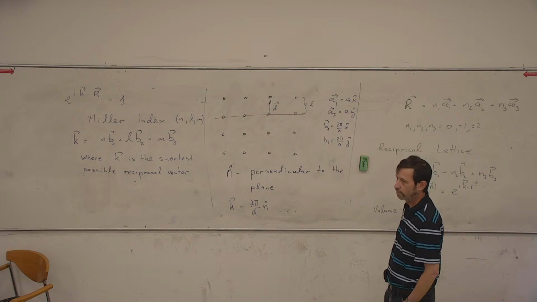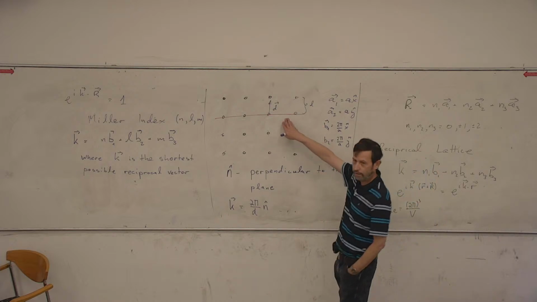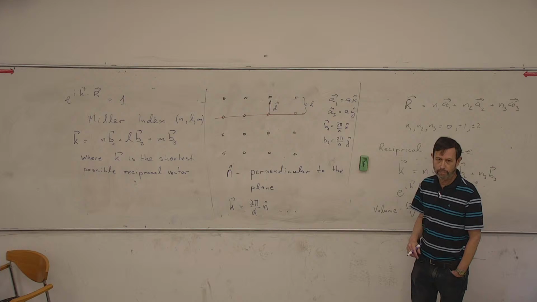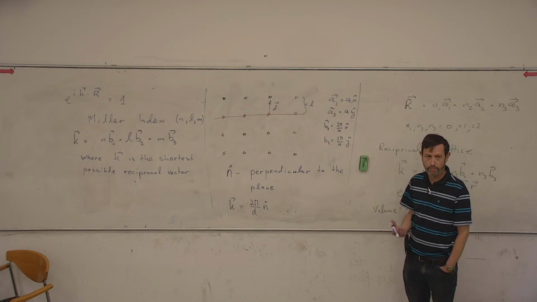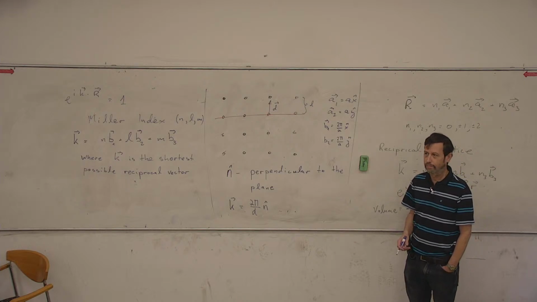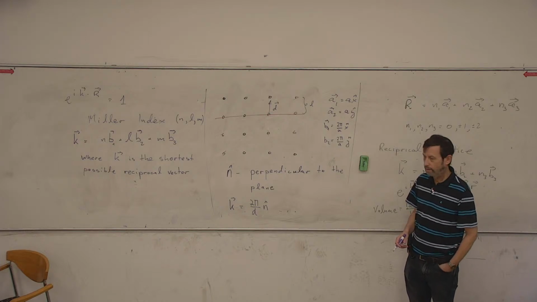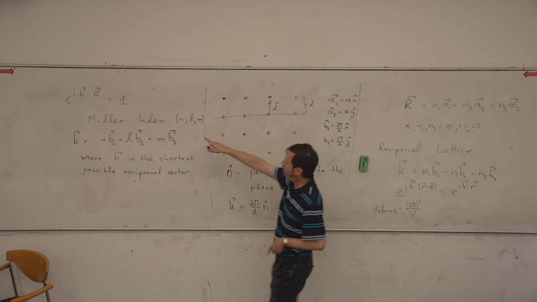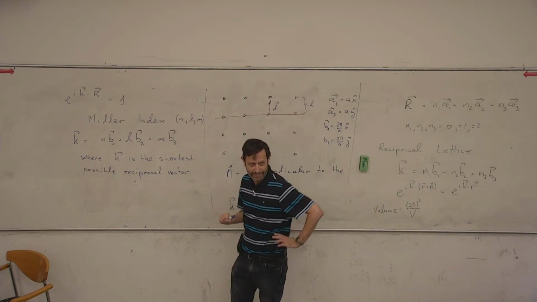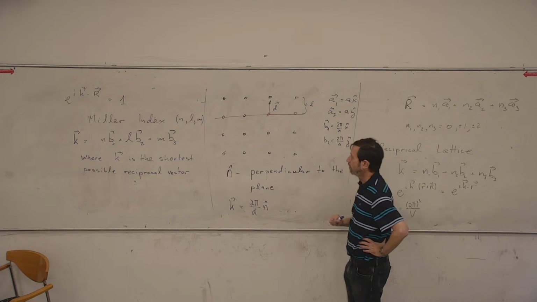Two-dimensional, simple cubic. The Miller indices are numbers. 1, 1, 0, 0.